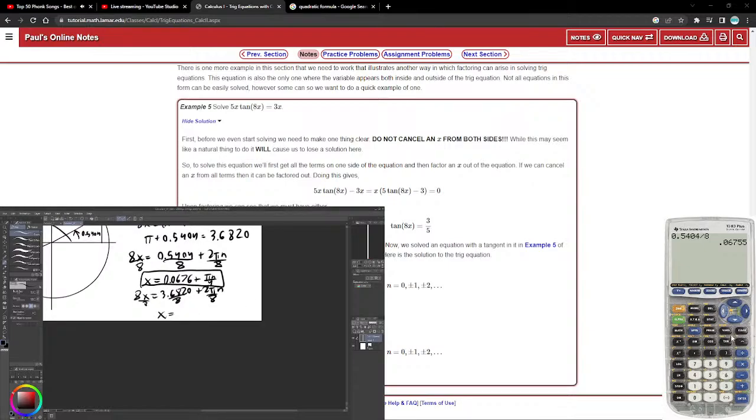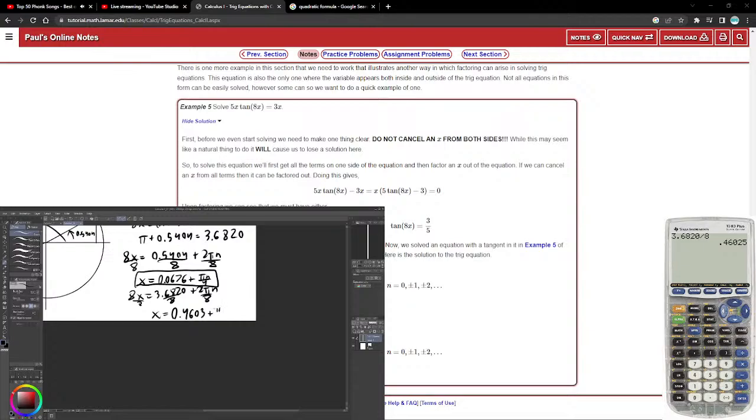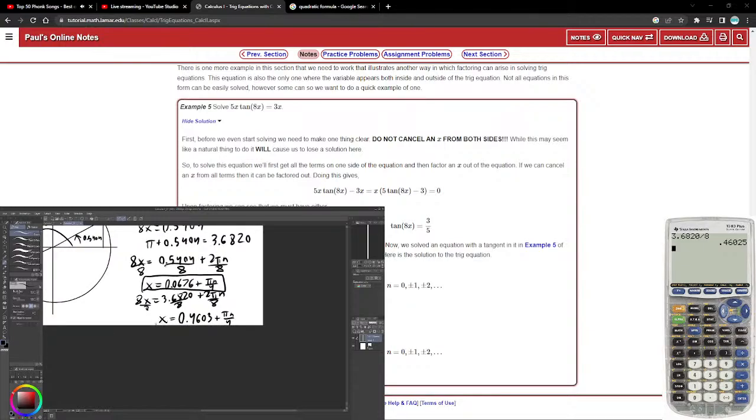And then 3.6820 divided by 8 is 0.4603 plus pi n over 4.